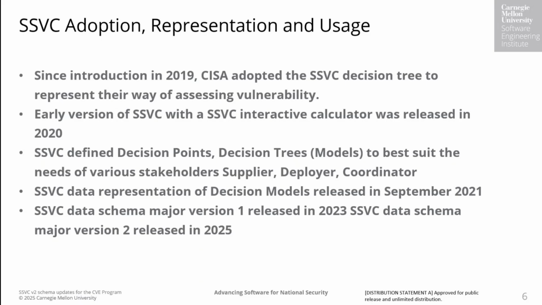Yes, Dave, it is meant to be that way. It was CVSS backwards is how SSVC came about. SSVC was introduced and released with a mock calculator in 2020, and it still exists today on CISA's website and on our website as well.